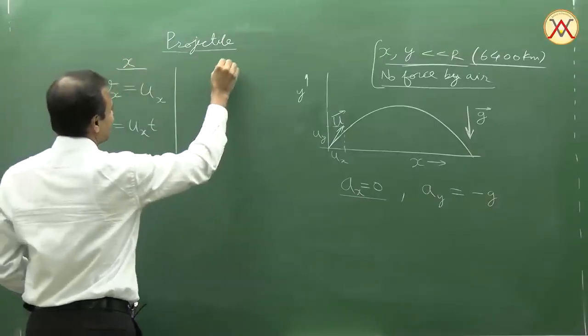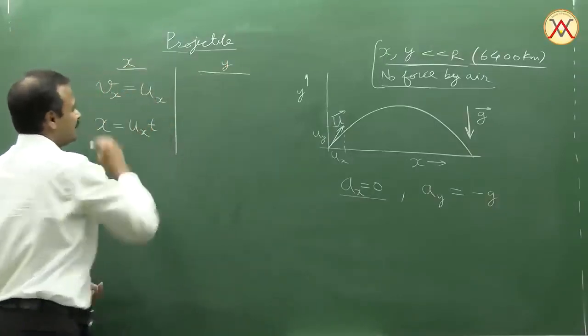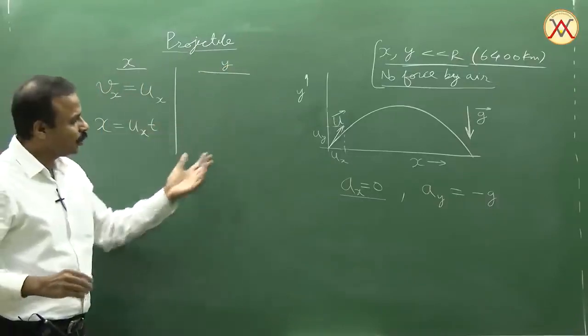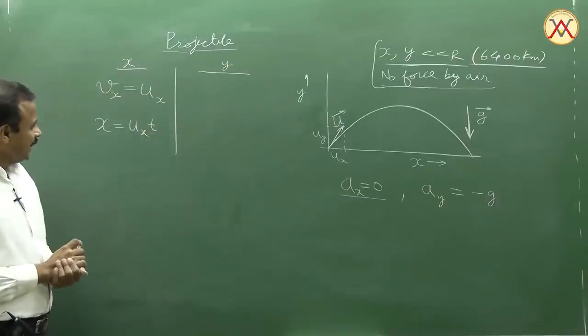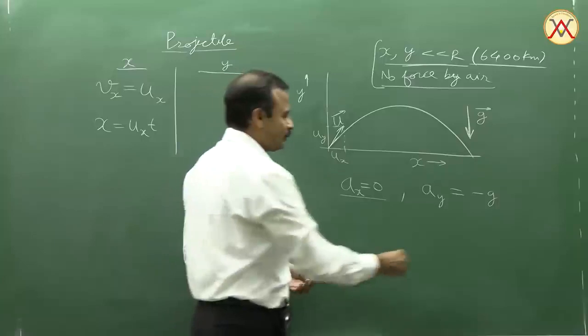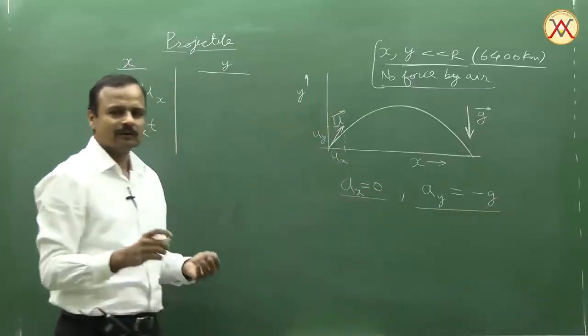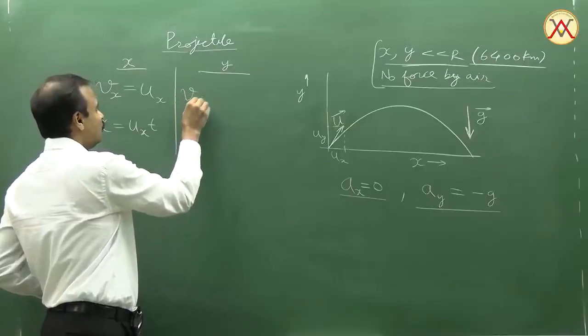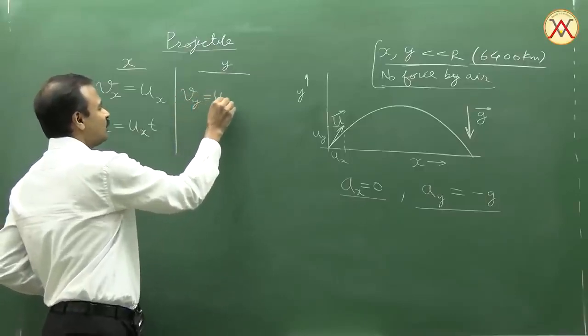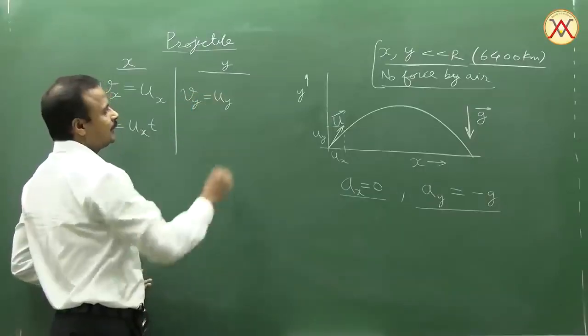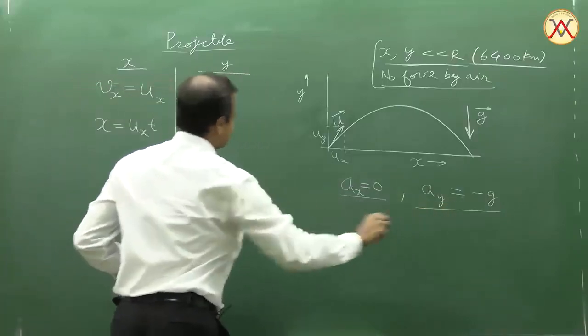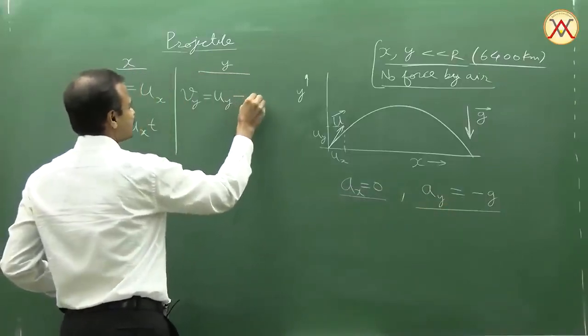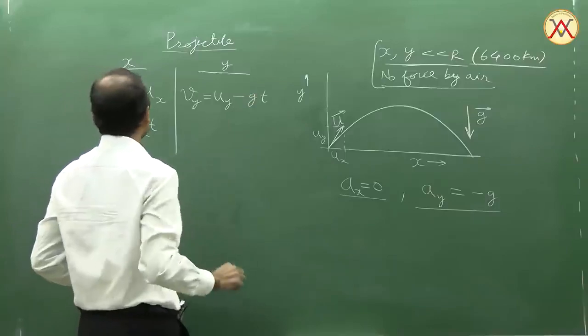Now, I will write the same two things for y direction. If I apply the first equation of motion, v is equal to u plus at, in y direction, I can say that vy is equal to uy plus at. Acceleration is minus g, so vy is equal to uy minus gt.